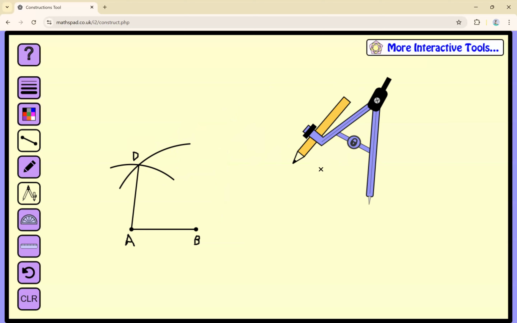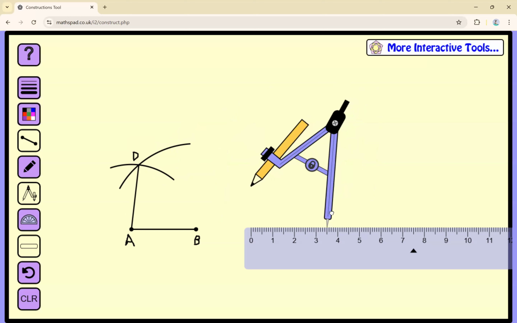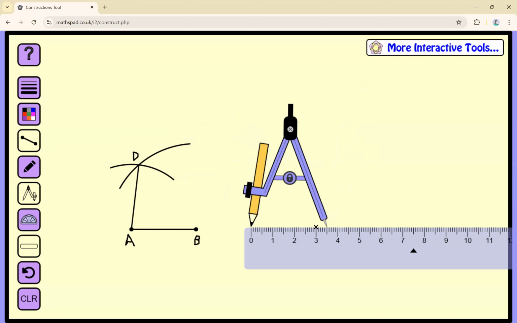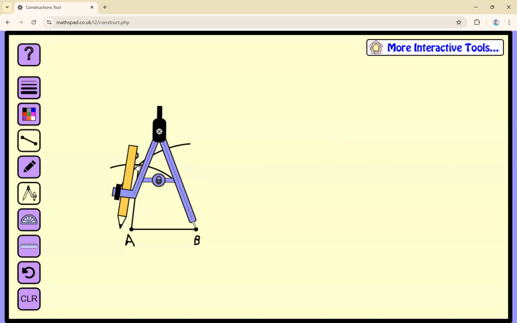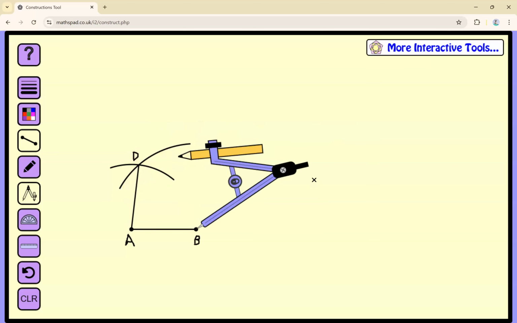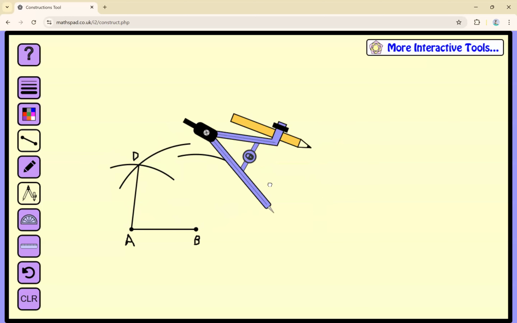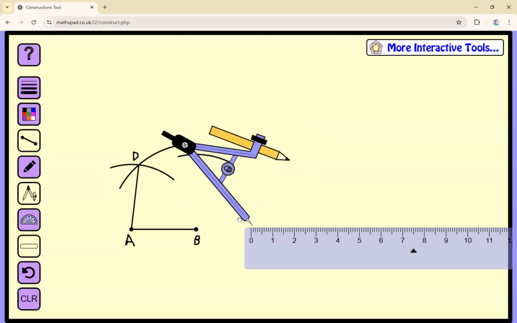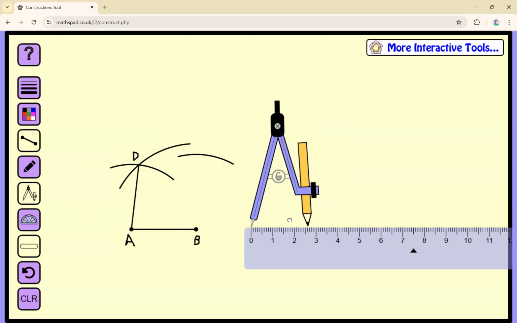The last point to mark out is C. 3.5 is here. Unlock, come down, lock it. And the point is going to be somewhere here. Then finally, let's go for CD 2.5. Unlock, CD 2.5.